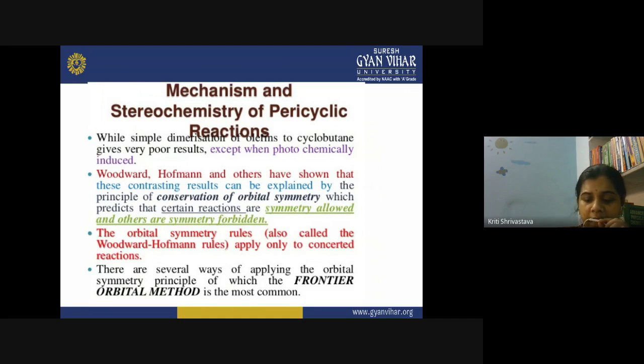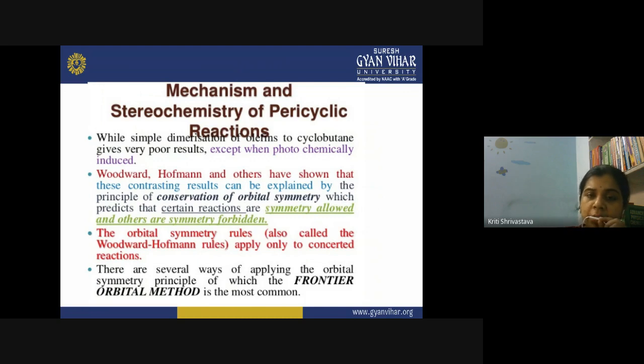It was seen that these reactions proceed due to a certain feature in their stereochemistry. So some reactions are symmetry allowed and some reactions are symmetry forbidden. Some reactions, like I have told you, are not possible in case of heat, but they are possible in case of light.